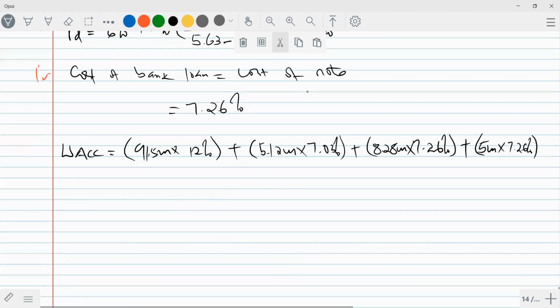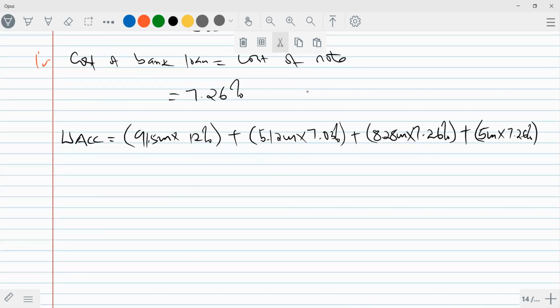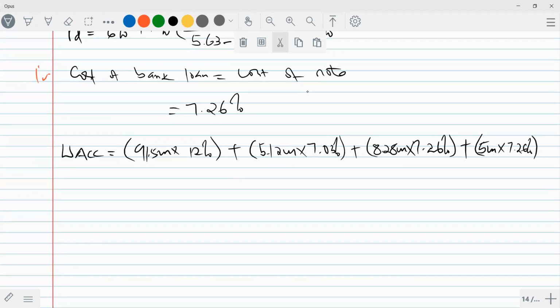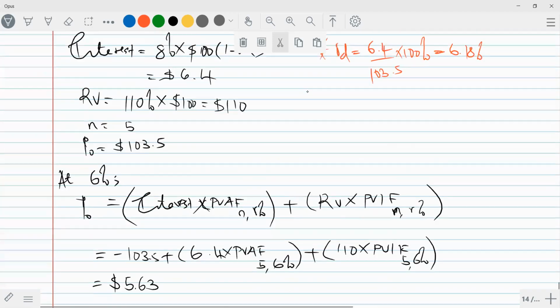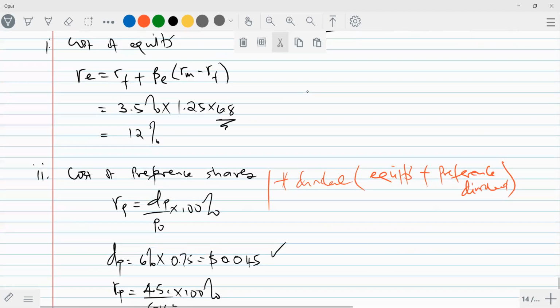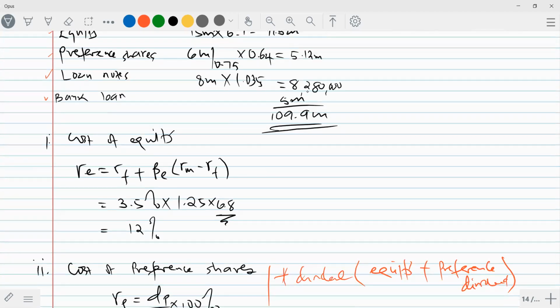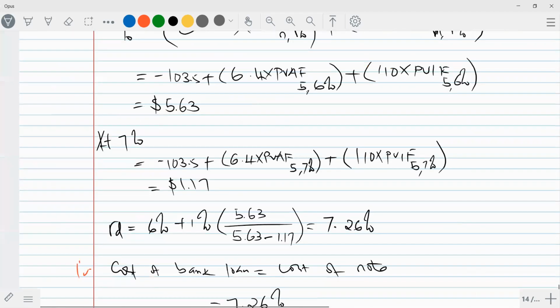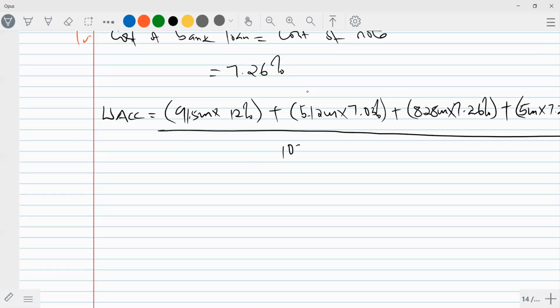Now having done that, we divide by the total market value from those four finance sources, which we have done already, equal to 109.9 million. So divide by 109.9 million, and therefore we get the weighted average cost of capital for the different sources of capital.